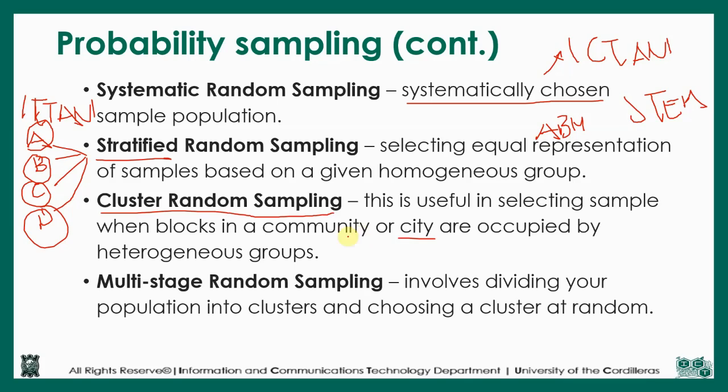And then lastly, we have multi-stage random sampling, where you will simply divide your population yourself into clusters and then you choose a random cluster. So for example, I will take all students in the University of the Cordilleras, let's give a rough estimate, let's say 10,000 students.